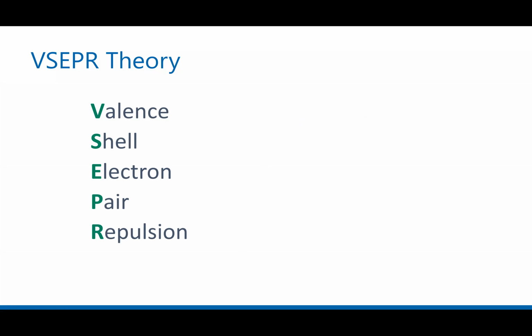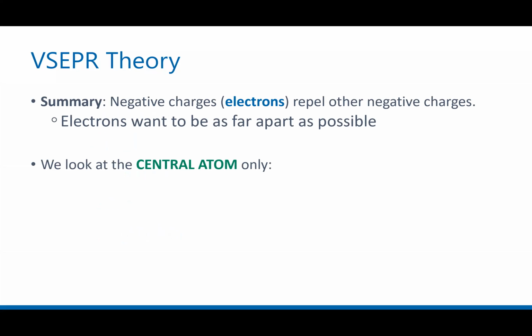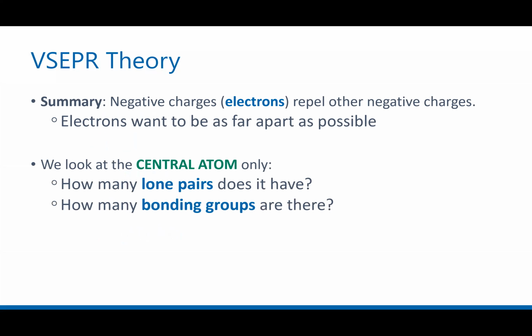Valence shell electron pair repulsion is a theory that is based around the fact that negative charges, electrons, will repel other electrons.